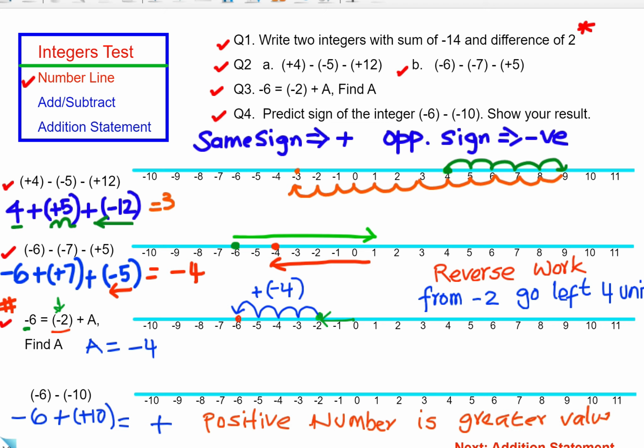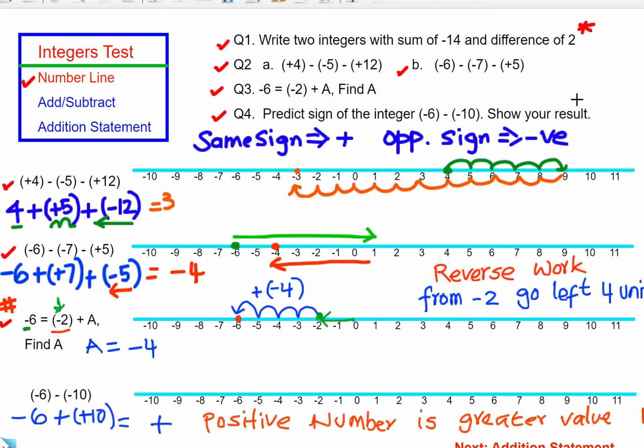What I mean to say is 10 is greater than 6, right? Because 10 is greater than 6, right? So forget about the sign first. Look which number is greater. The sign will be same of the number which is bigger. Is that clear to you? Perfect.